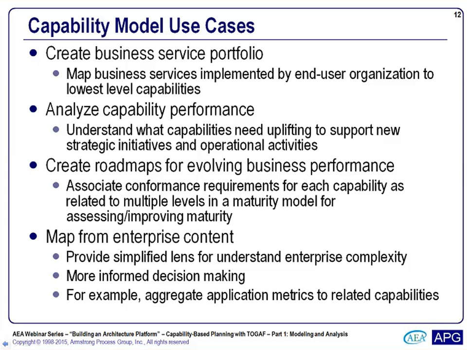And ultimately, the capability model is going to be used to allow us to map things from other enterprise content. But that's the thing that we really need to understand. What other enterprise content exists? How is that going to be related to a capability?